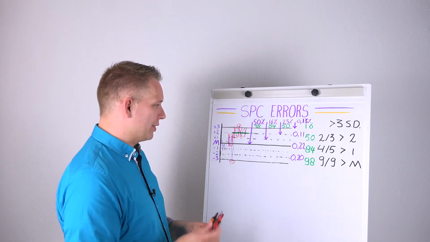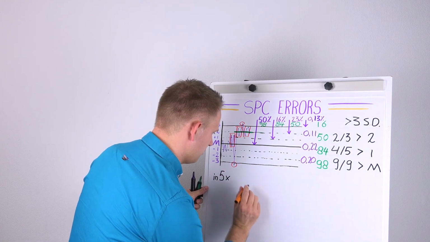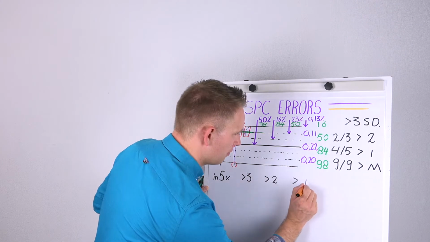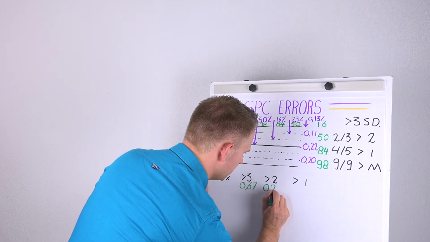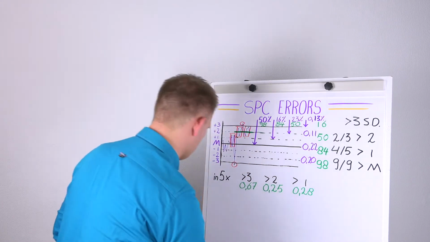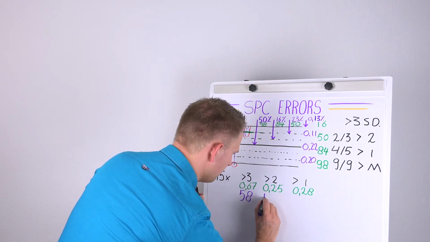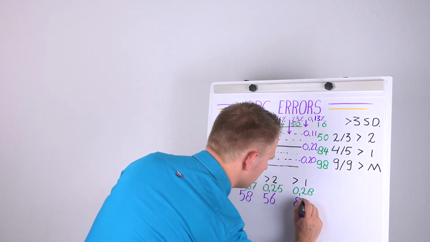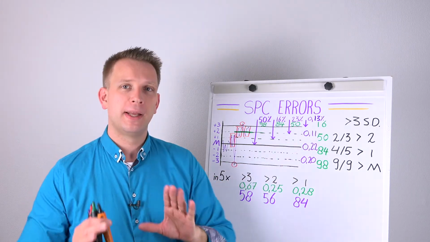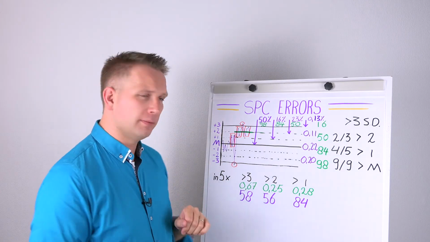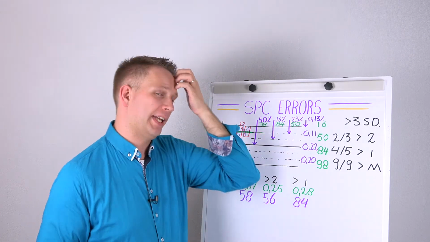If we check our system 5 times, and I see now, my apologies, I switched the colors around, but if we are at our original level, then triggering an over 3 standard deviations was 0.13, right?